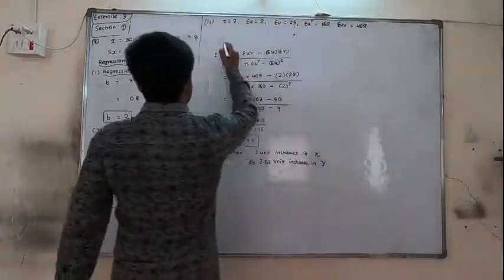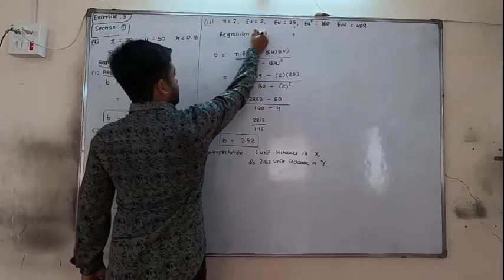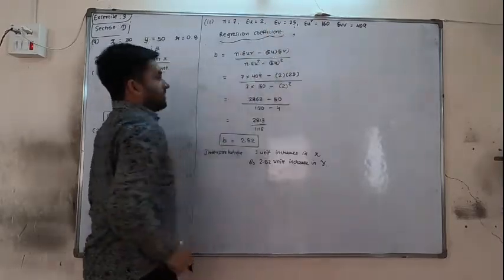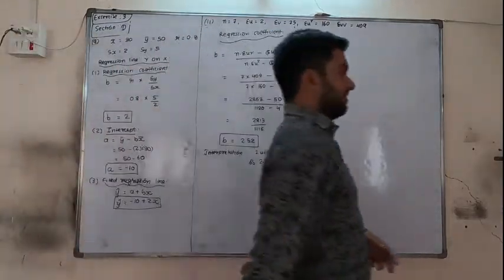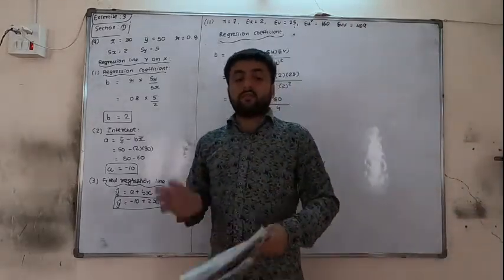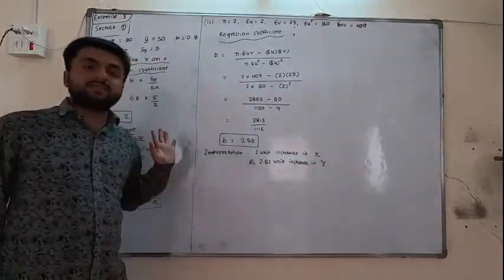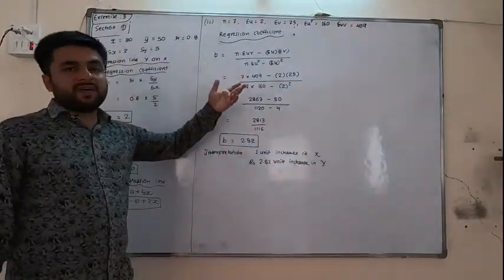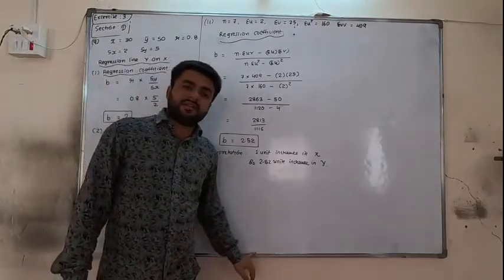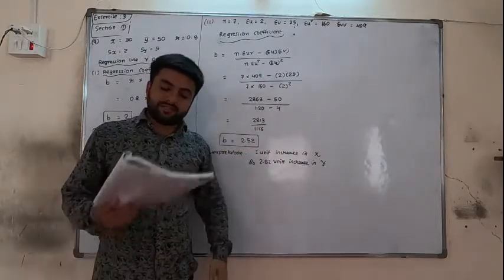We have to just obtain regression coefficient in this sum. So I may read the question again. Obtain regression coefficient, not regression line. So only regression coefficient of y on x and interpretation is done. So in this sum x bar, y bar is not given for this reason only, that A is not required and regression line is also not required, just the regression coefficient is required, and we have completed the sum.